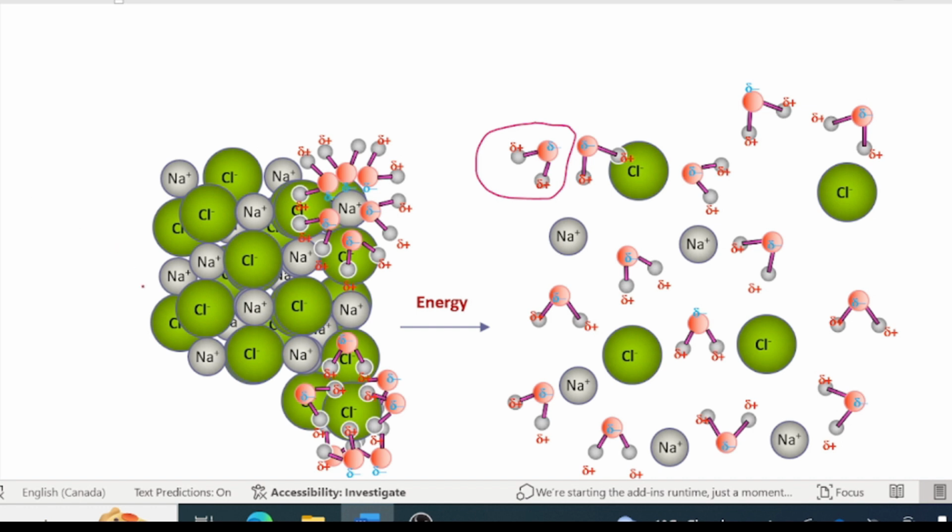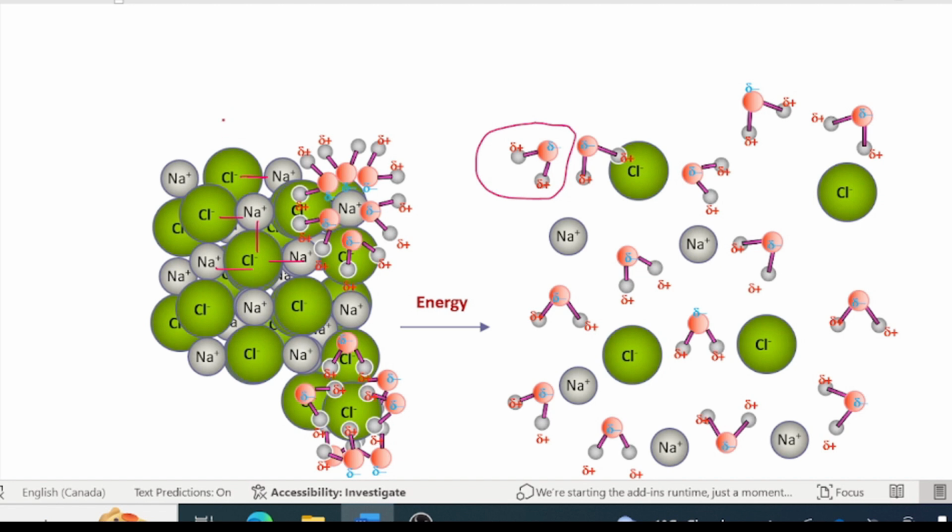So what you're seeing here is a part of an ionic crystal of sodium chloride. Here you can see, it didn't show that, the sodium and chloride ions are bonded by these ionic bonds here, all right? And these are relatively strong. And the strength of these bonds here depends on two things.